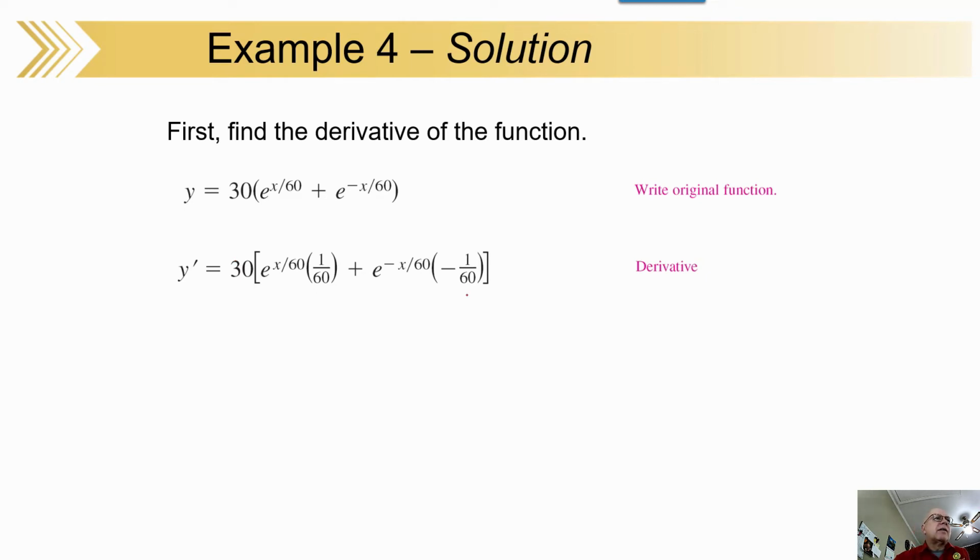So we've got our constant out front, so we can forget about the 30 temporarily. The derivative of this, just write the same thing. And then the derivative of the inside function is right here. And then the second one, just copy that down. And then take the derivative of what's inside here. That's the derivative of the inside part.